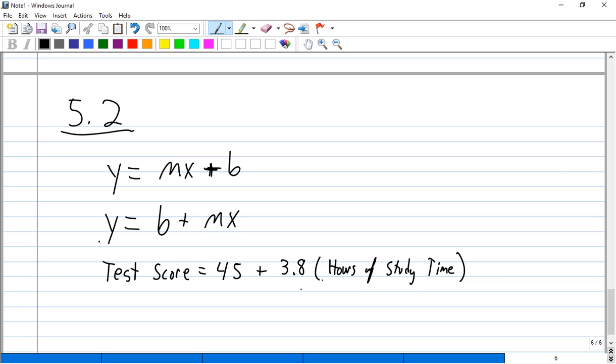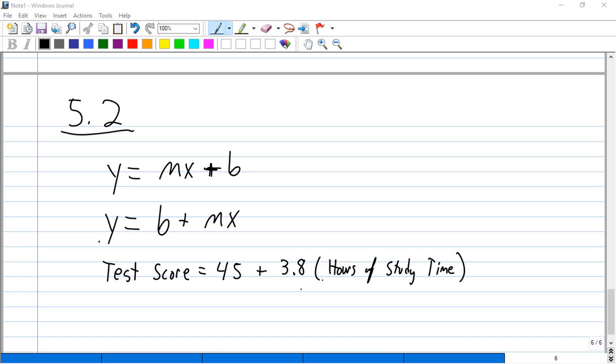If I studied 0 hours, I would make a 45. What if I studied 10 hours? 45 plus 38, because 3.8 times 10 is 38. So if I study 10 hours, then according to this mathematical model, I would score an 83.